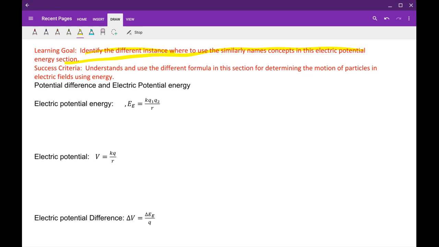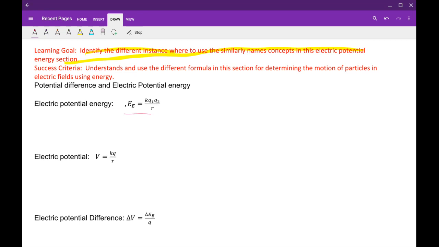Now, the difference is that for electric fields, the particle must have charge in order for it to experience the effects of the field. Rather, in a gravitational field, a particle must have mass in order for it to experience the effects of the field. Okay, so that being said, here we've got electric potential energy.